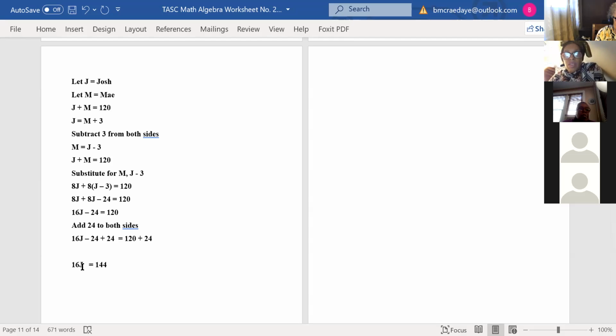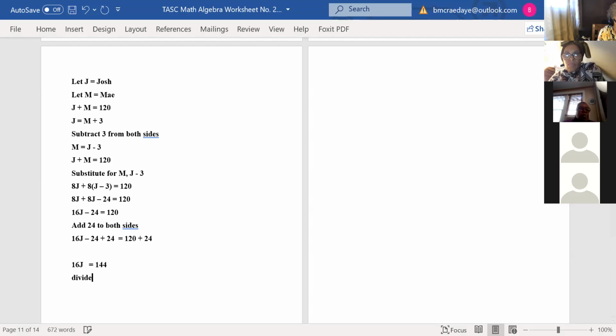Addition and subtraction are pairs. Multiplication and division are pairs. So the opposite of multiplication is division. So what would I divide both sides by? 16. Yes, right. Very good.